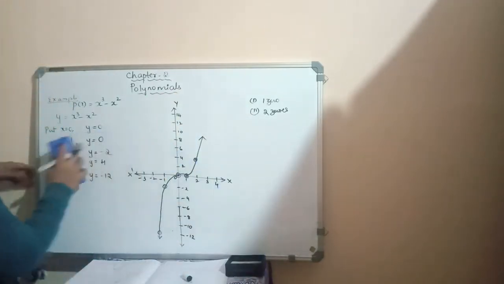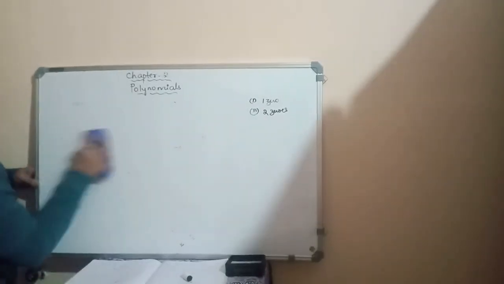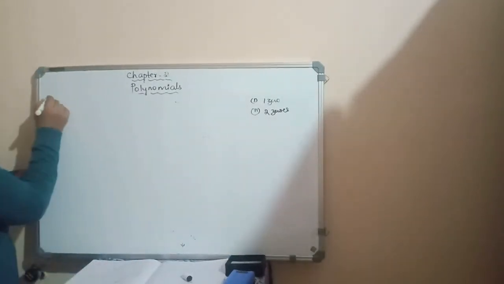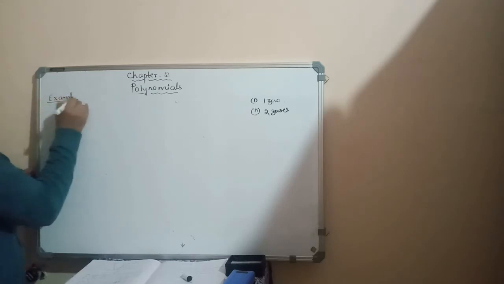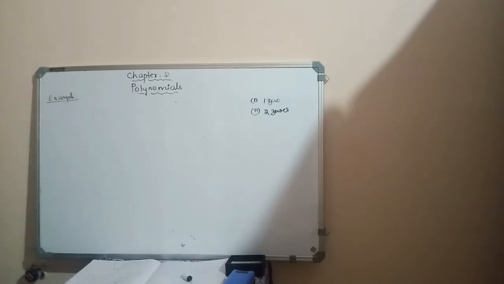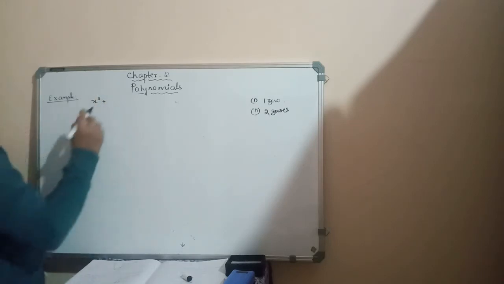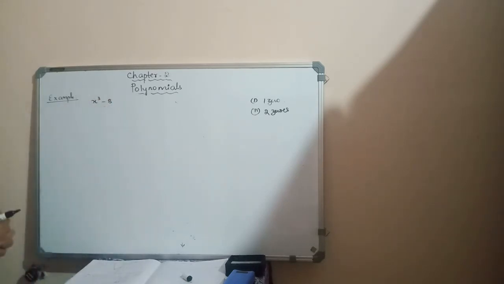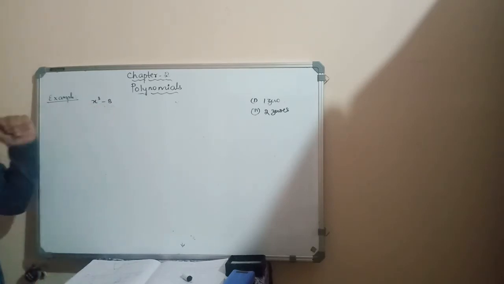Now one more example I will take. Third example. So in this example, x cube minus 8 we take. This is also a cubic polynomial. So x cube minus 8.